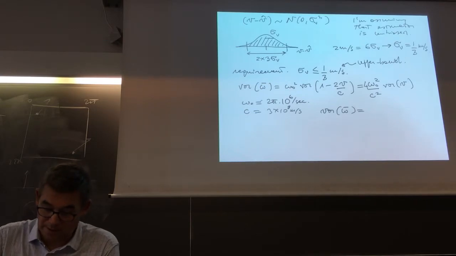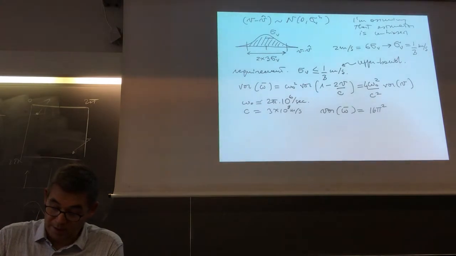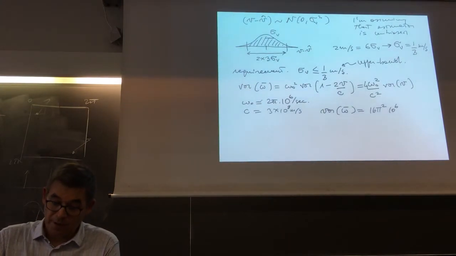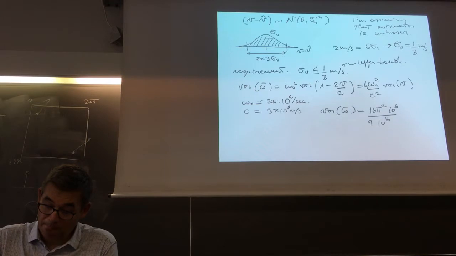So this is 16 pi squared, and then omega is 10 to the power 6, and on the other hand I have 3 times 3 is 9, 10 to the power of 16. And that one is multiplied by the variance of the speed, which is 1/9.